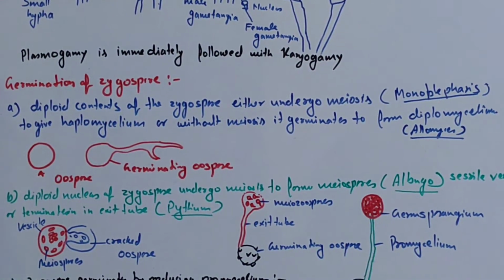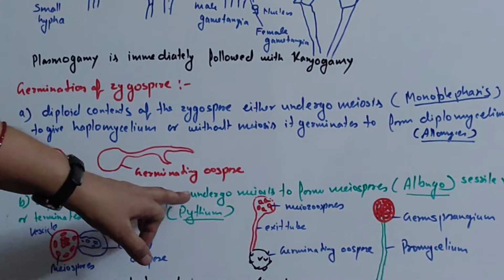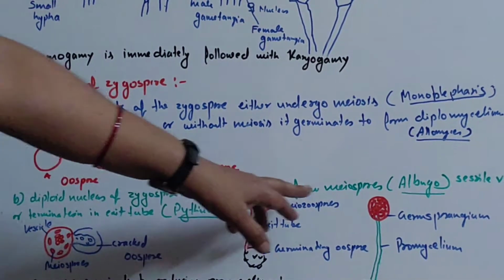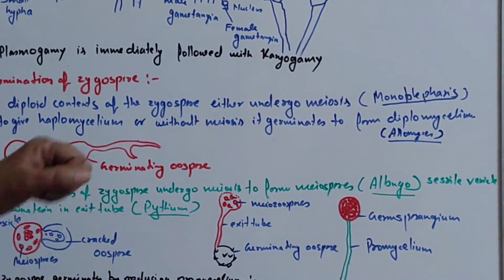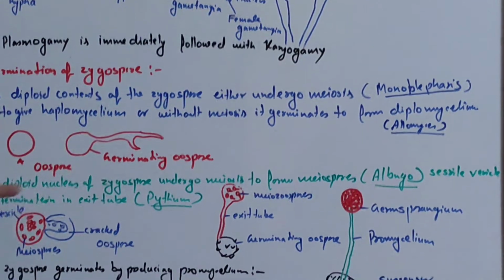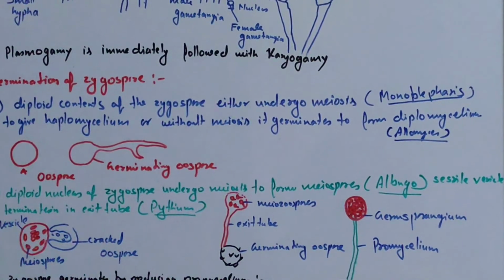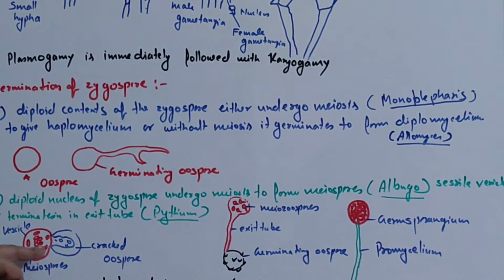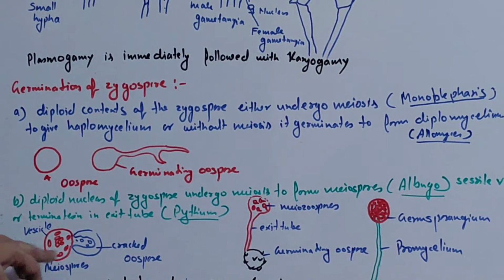The second type of germination of the zygospore is when the zygospore undergoes meiosis to form meiospores, as happens in Albugo and Pythium. In Albugo, when the zygospore germinates, it forms a sessile vesicle. Inside this sessile vesicle, the meiospores are formed by the process of cleavage.